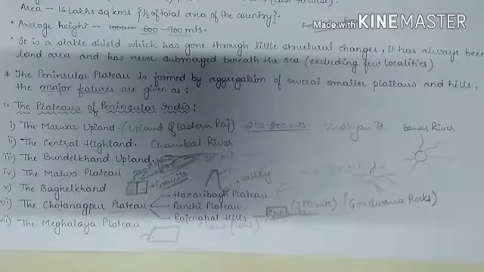Now this plateau is separated from the main block of the Peninsular Plateau by a wide gap which is known as the Garo-Rajmahal Gap. And this gap was formed because of down faulting.